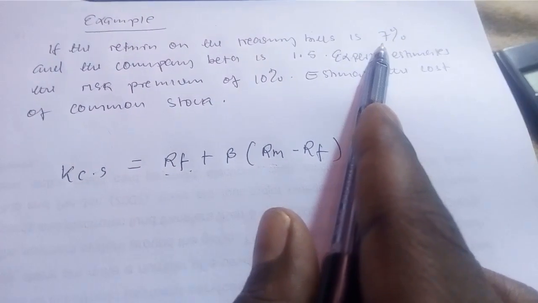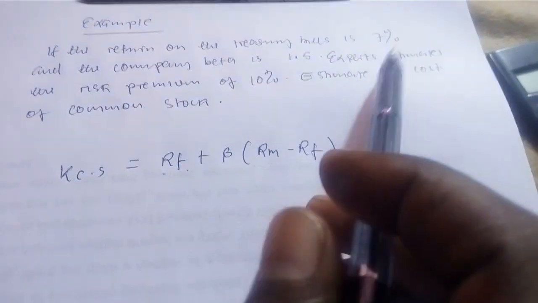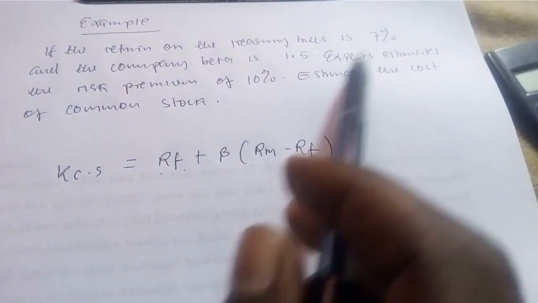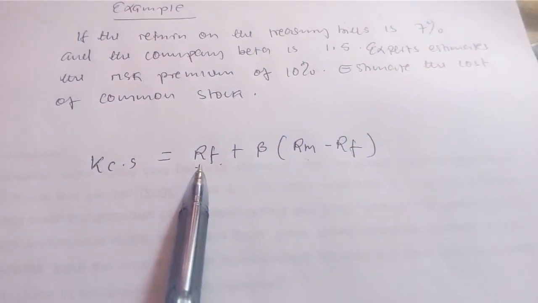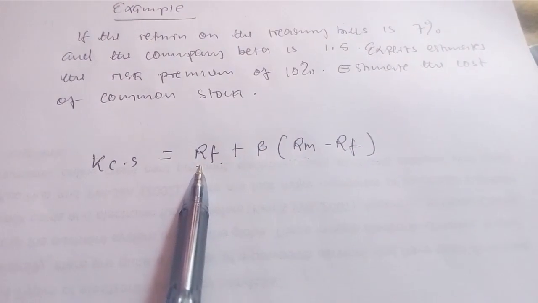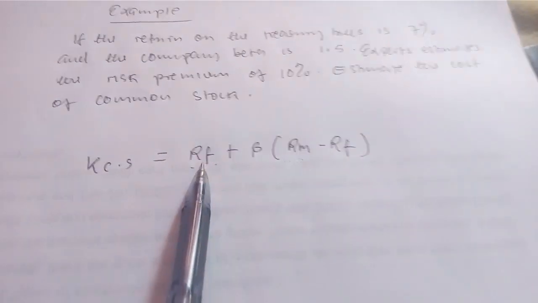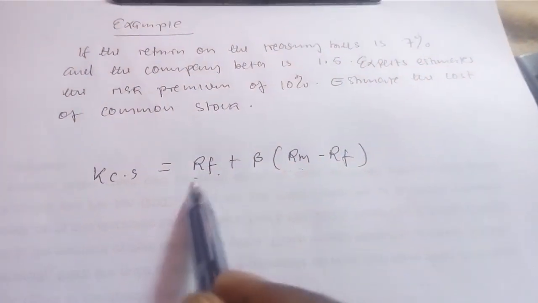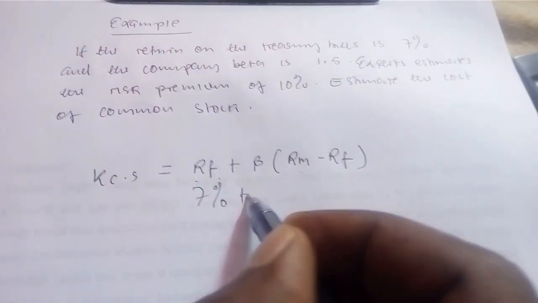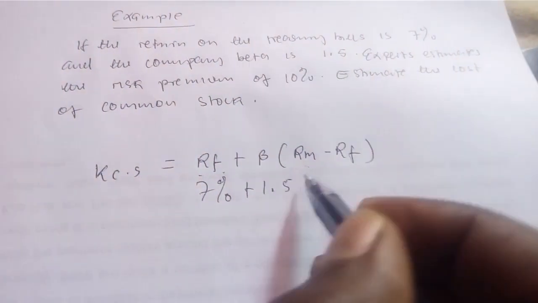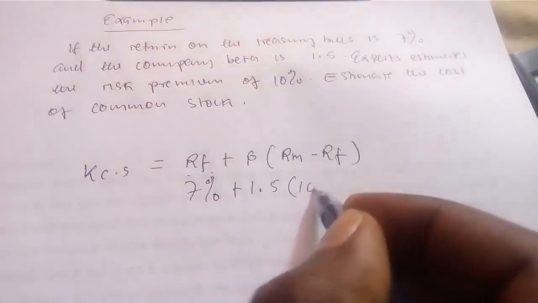Why are we using the return on the treasury bill? The rationale behind this is that any government security has zero risk. They are backed by the national government or the central government, meaning that the risk attached to that security is zero. So 7% represents our RF, plus the beta factor which has been given as 1.5, and then the risk premium has already been calculated as 10.